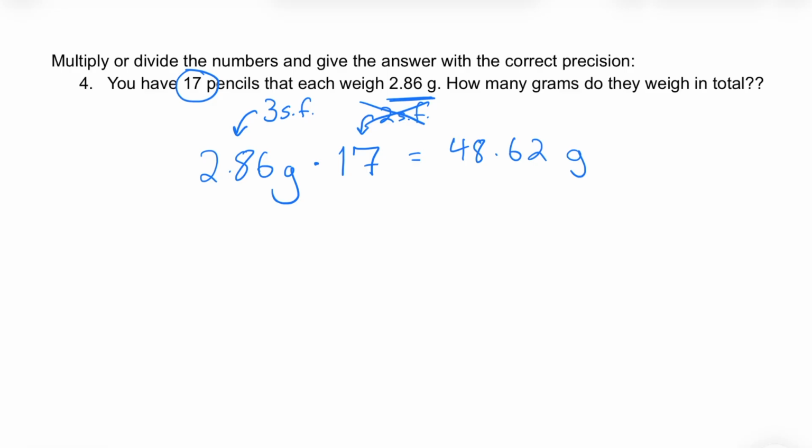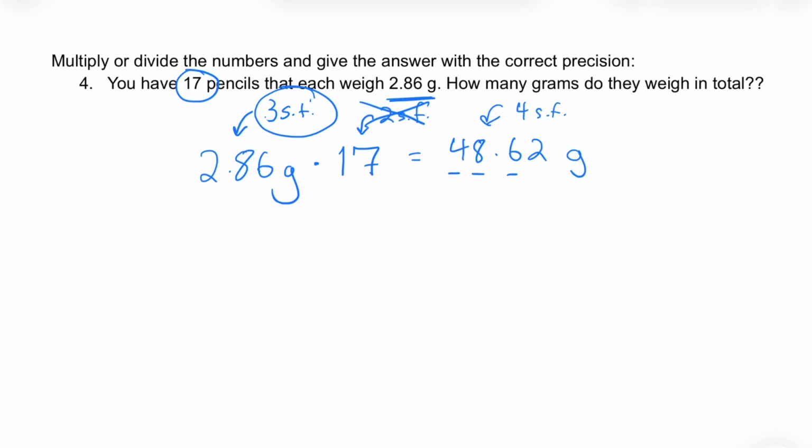However, we're limited in precision from any of the measurements that we use to make that calculation. And the one measurement we had was 2.86 grams, which had 3 significant figures. So since we have 4 significant figures in our calculated answer here, we want to limit it to 3 sig figs. So we've got the tens place, the ones place, and then the tenths place will be our third one.